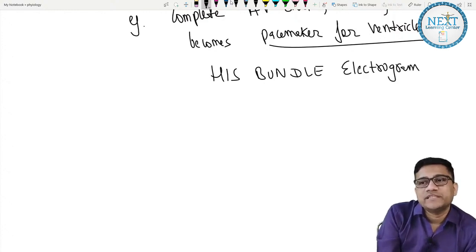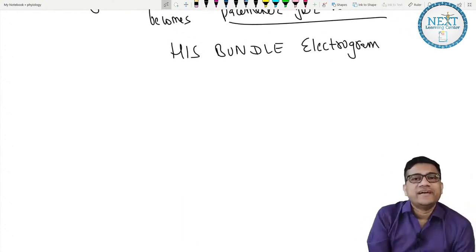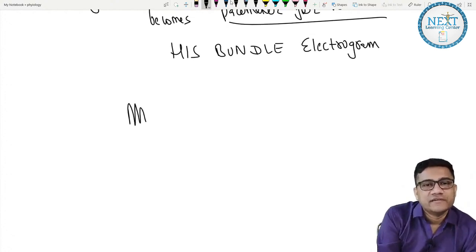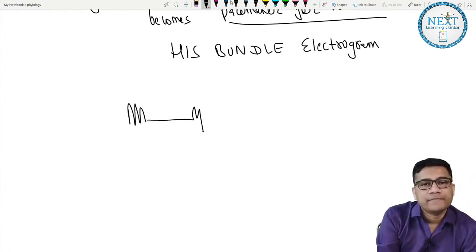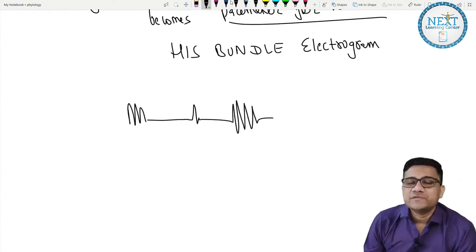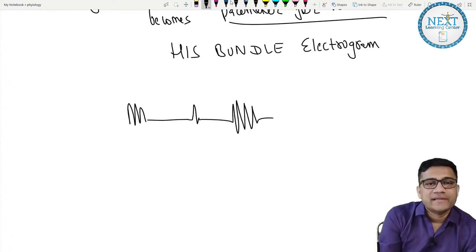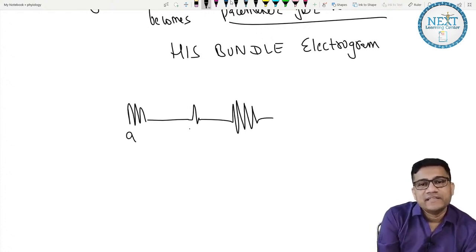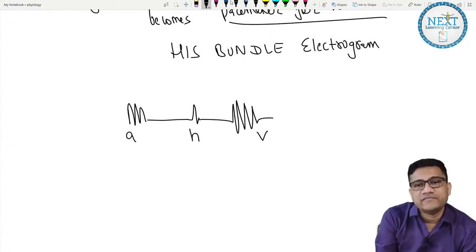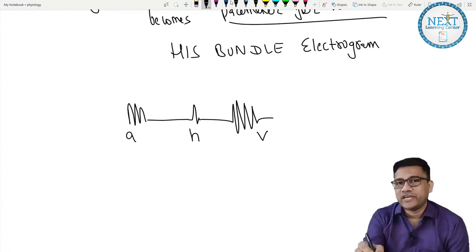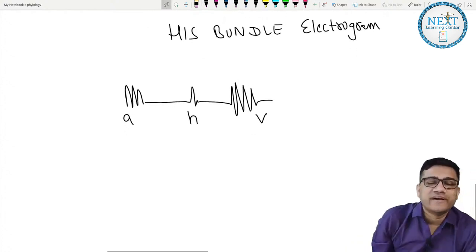so basically in His bundle electrogram we get waves like this. So this is His bundle electrogram. Here this is A, this is H, and this is V. So what are the three main waves we are getting?